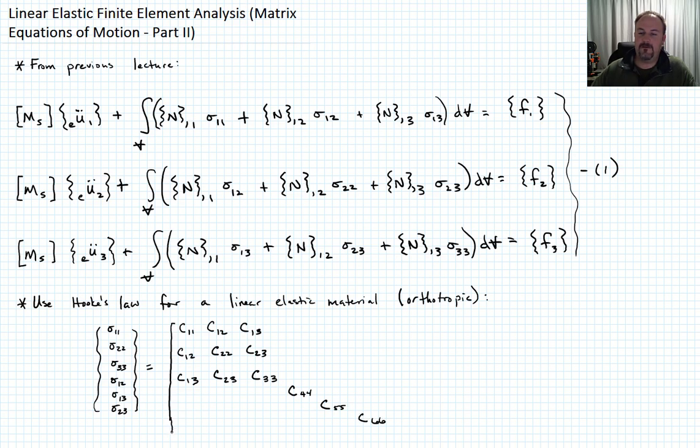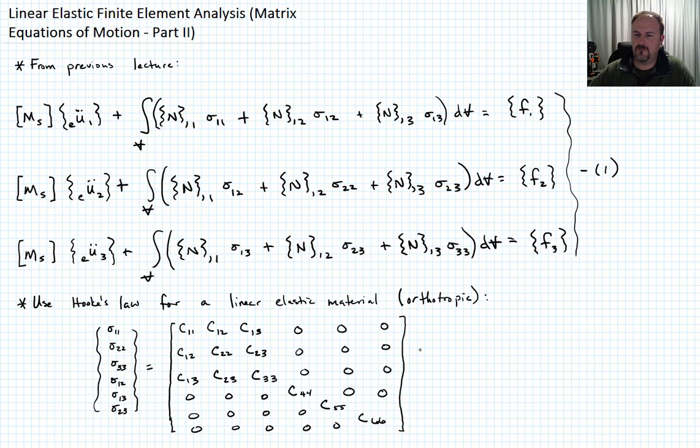Okay, and then these are all zeros, zeros up here in the same fashion. Then it is multiplied by our strain vector, which is epsilon 1,1, epsilon 2,2, epsilon 3,3, 2 times epsilon 1,2, right? It's the engineering shear strain. 2 times epsilon 1,3, and then 2 times epsilon 2,3. So that's Hooke's law in matrix form for an orthotropic material. We'll call that equation 2.